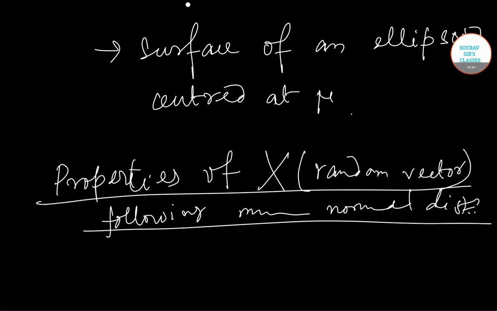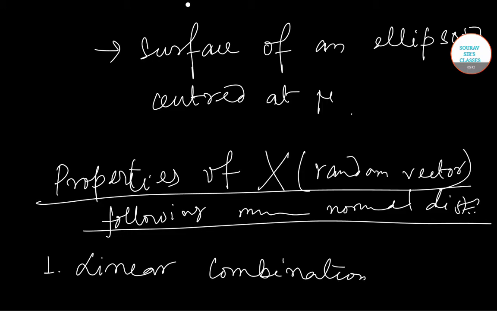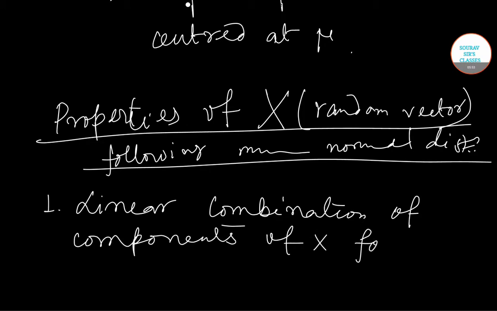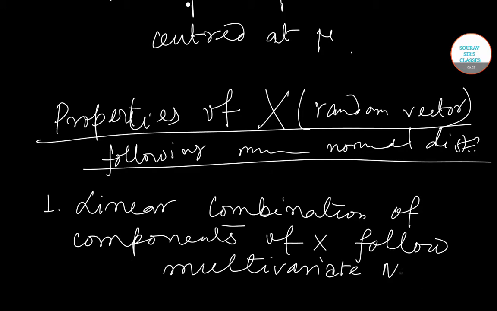Point wise we can write that as one: linear combination of components of x follow multivariate normal distribution.